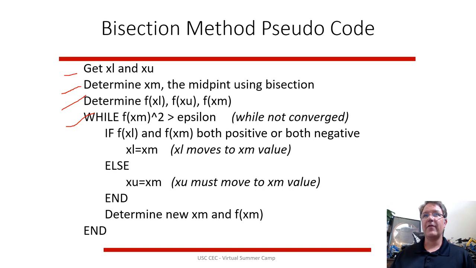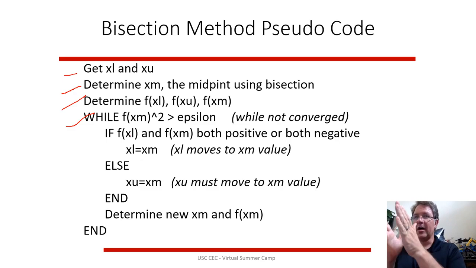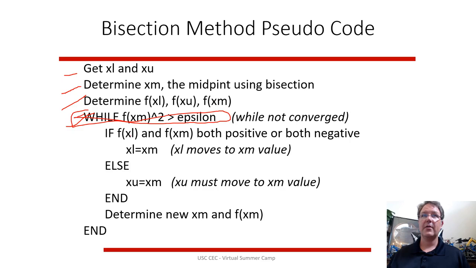So if f of xl and xm are both the same sign, you're going to move the lower bound up to xm. Otherwise, you're going to move the upper bound down to the middle point. So it's basically, you either bring one side down, or you bring the other side up. So you're going to converge eventually when this condition is met.